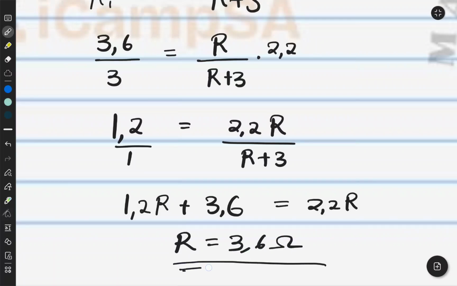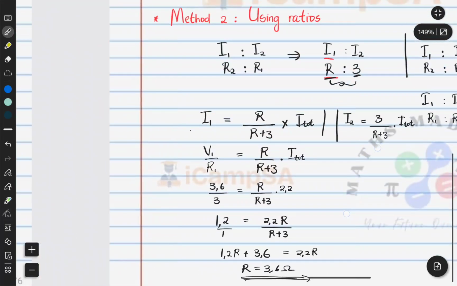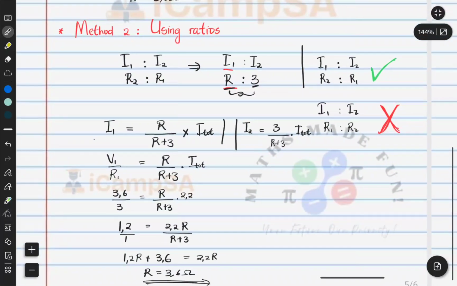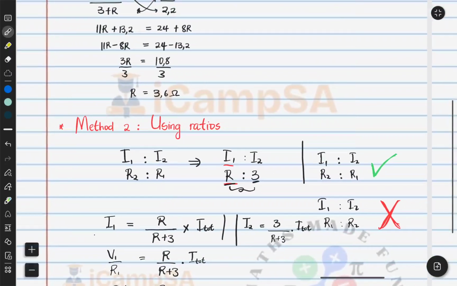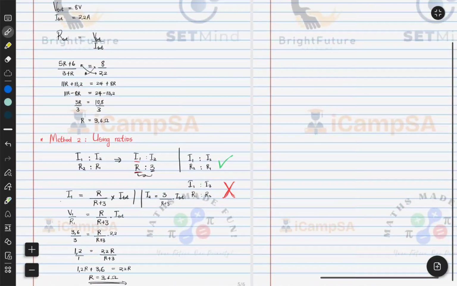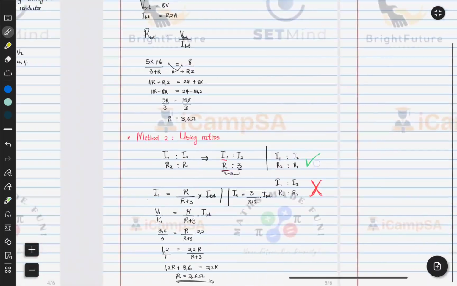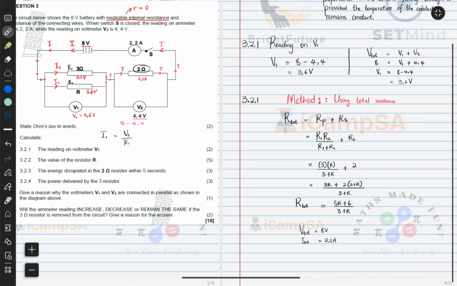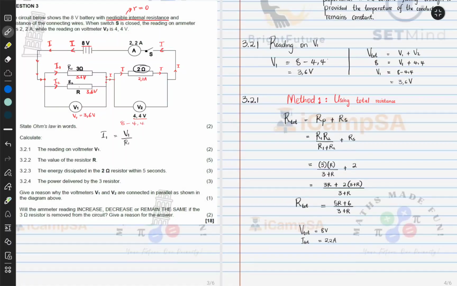This is the same answer as before, right? So yes, you either use the ratio method or the total resistance method, whichever way you would have thought of first, or whichever way is quicker for you. It works nonetheless.